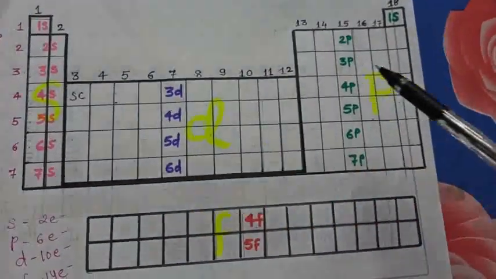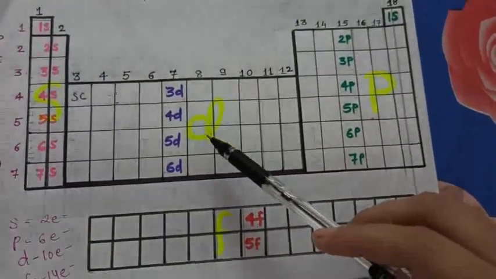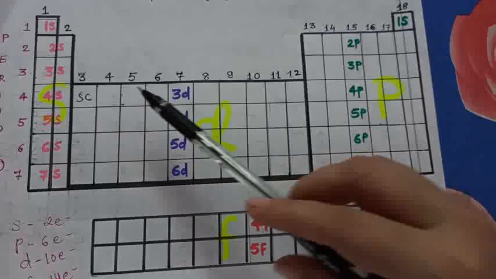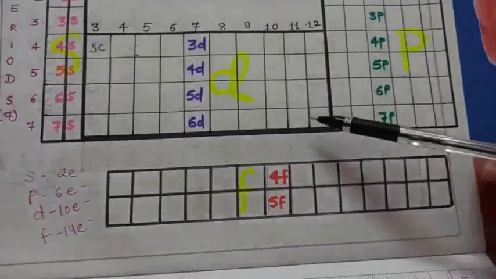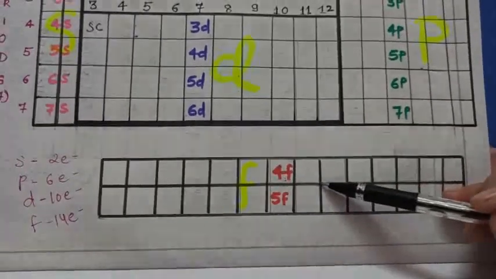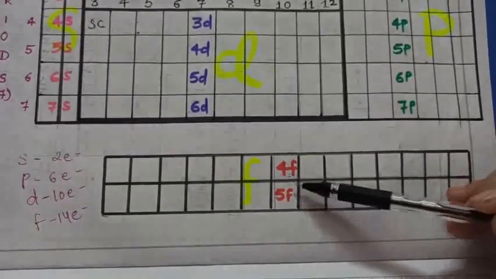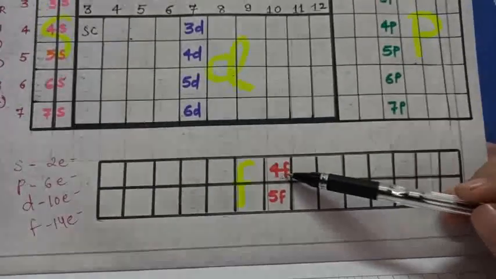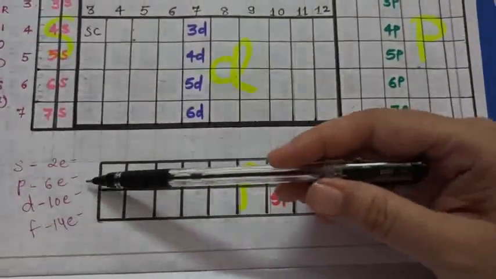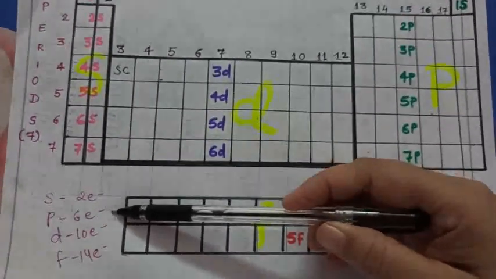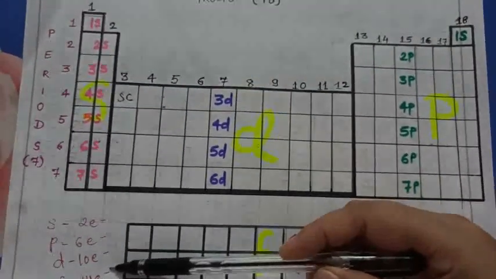In between S and P comes the D block, that is, the 3rd to 12th groups are the D block. Then at the lower part of the periodic table you can see 2 lines drawn. These are called the F block. The first line of the F block is called the lanthanide series and the second is called the actinide series.